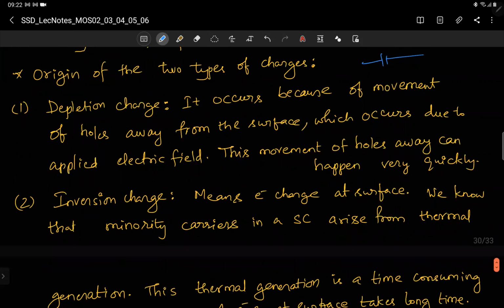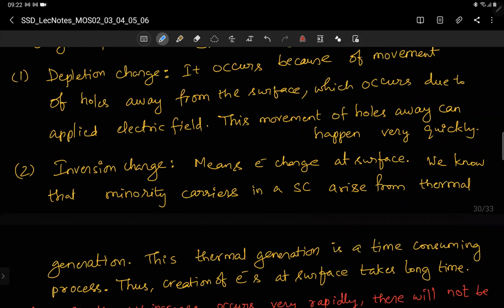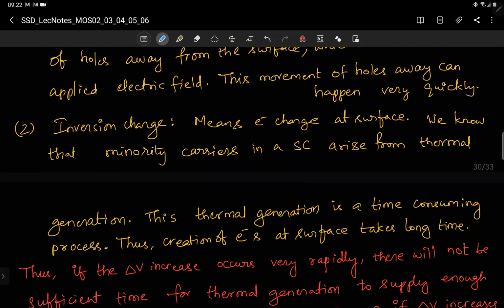That can be understood from the PN junction. So electrons, which are minority carriers in this p-type semiconductor, have to come from thermal generation. And this thermal generation is a time consuming process. It depends on temperature and other factors. So creation of electrons at the surface, which is the inversion charge, takes a long time.